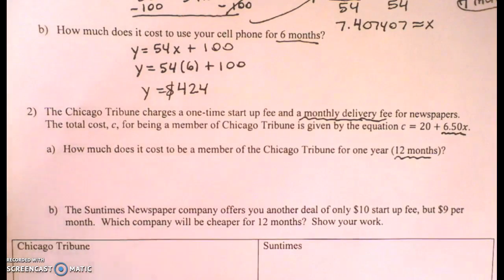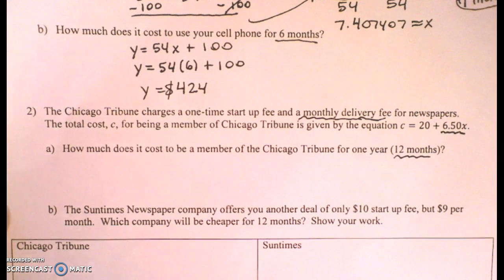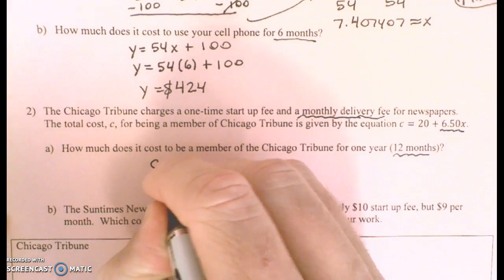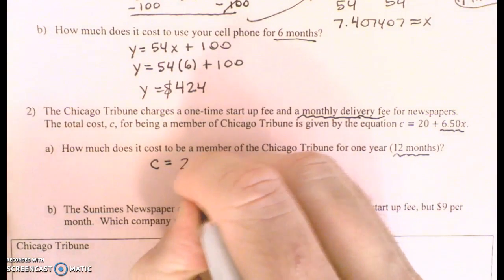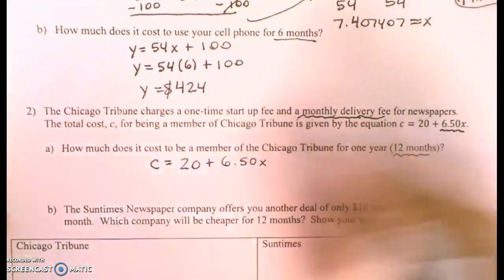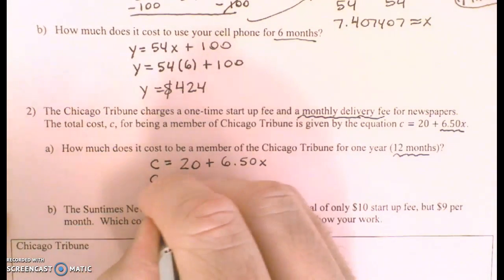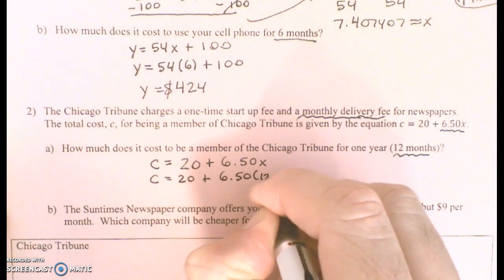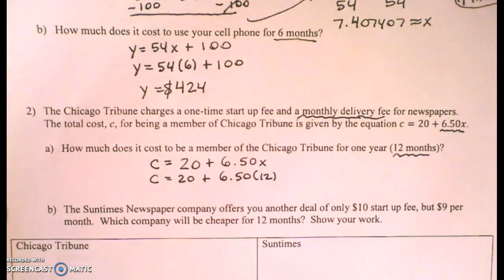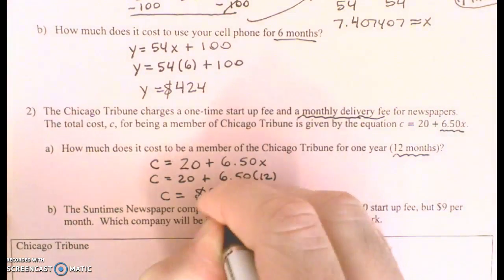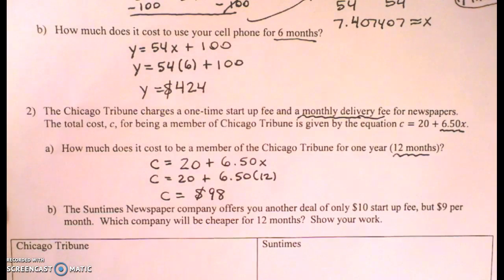So it's $6.50 times per month, and then $20 for the year is the initial fee. So you plug in your numbers for your equation. We know x is going to be 12 because we're looking at how much it costs for the year. And figuring out the math, you'll get $98. So for a year, it costs $98 to get subscriptions from the Tribune.